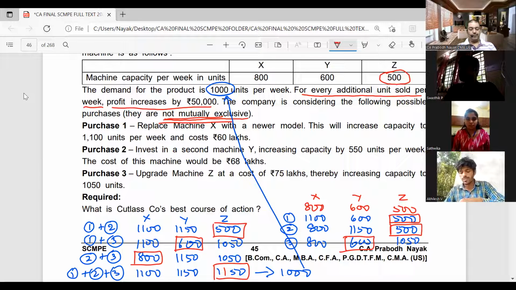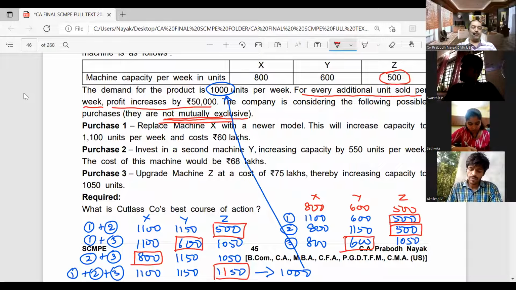Point number 4. If machine X and Y are upgraded, then machine Z is a bottleneck activity, restricting production to 500 units. Full stop.